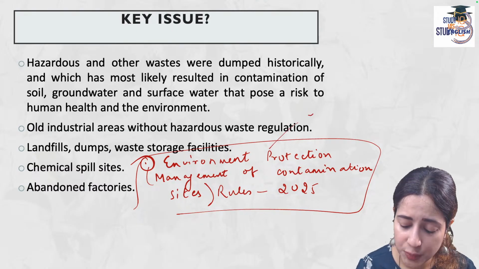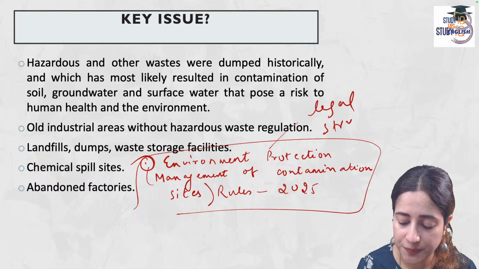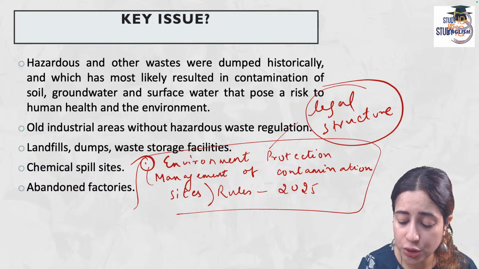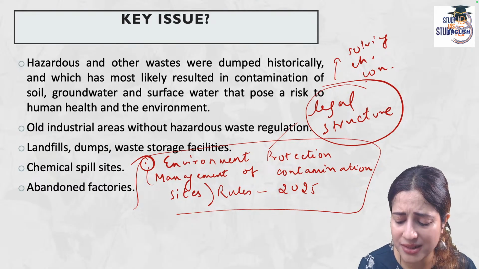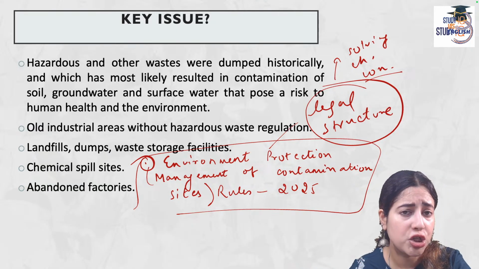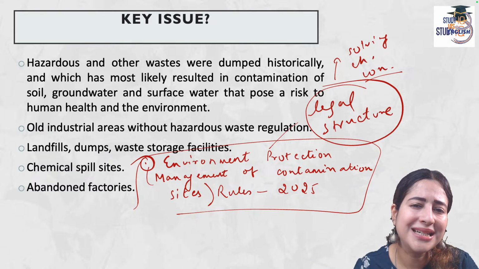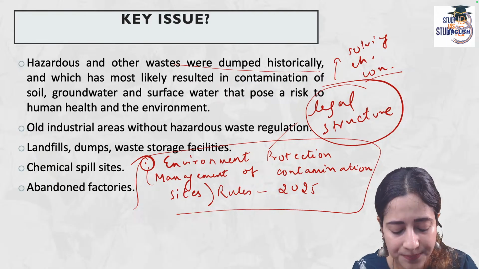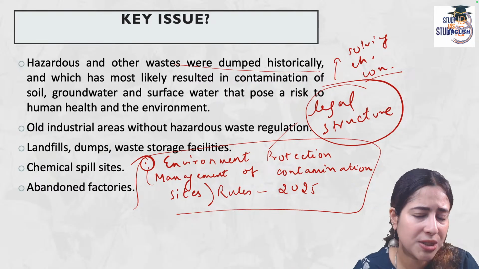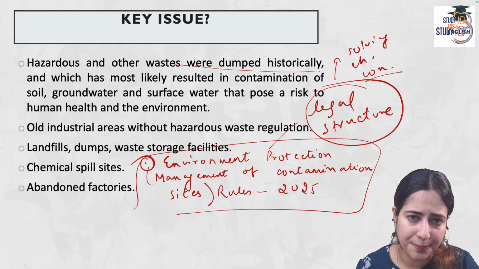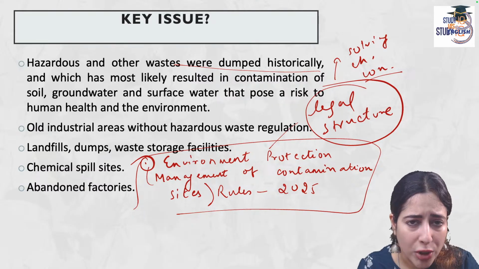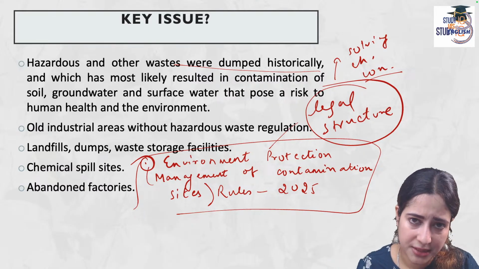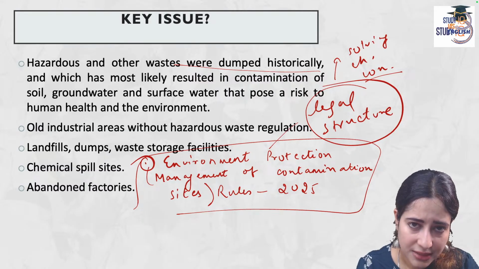Why? Because now the government wants to give a proper legal structure to the process of solving the problem of chemical contamination in various regions of India, more so village areas. Now, hazardous, dangerous, toxic chemical waste has been dumped since history, near all these villages where various kinds of chemicals are prepared, paints are prepared, polymers are prepared, plastics are prepared, crackers are prepared, mining is done, right?